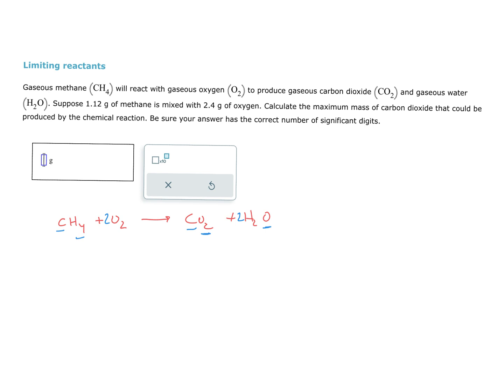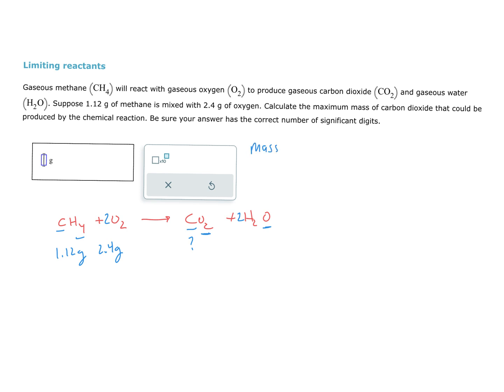Now we can take a look at the reaction to see that I've got 1.12 grams of methane react with 2.4 grams of oxygen, and we want to know the mass of carbon dioxide that can be made. So again, limiting reagent calculation.